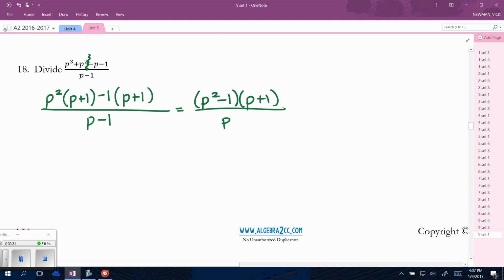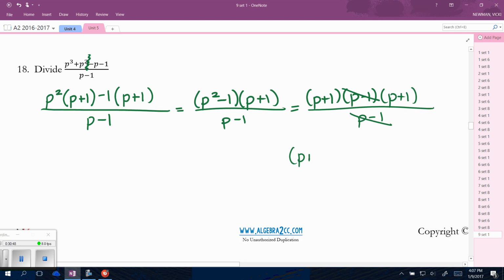Have we factored completely yet? No. So p plus 1, p minus 1 over p plus 1 divided by p minus 1. The p minus 1's cancel, and you're left with p plus 1 squared. Oh, that was easy. Yeah, it was.